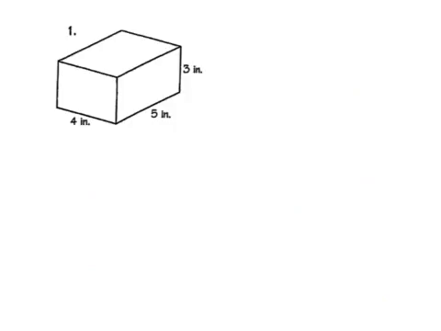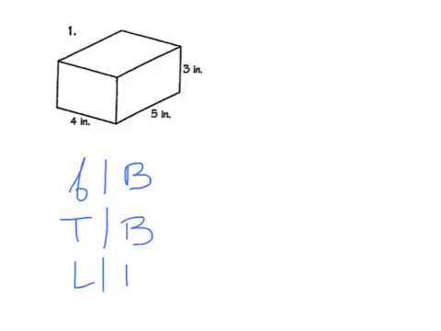All right, let's take a look at this one. So like I said before, this time I'm going to go ahead and do the front and back together, the top and bottom together, and the left and right together. All of them are areas of rectangles, which would be length times width.